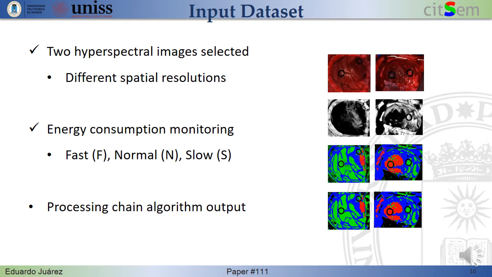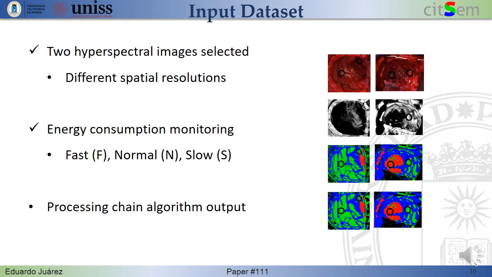The figure to the right shows the outputs of each of the algorithms of the processing chain. First, an RGB representation of the hyperspectral image is presented. Then, the one-band PCA representation of each image is collected.